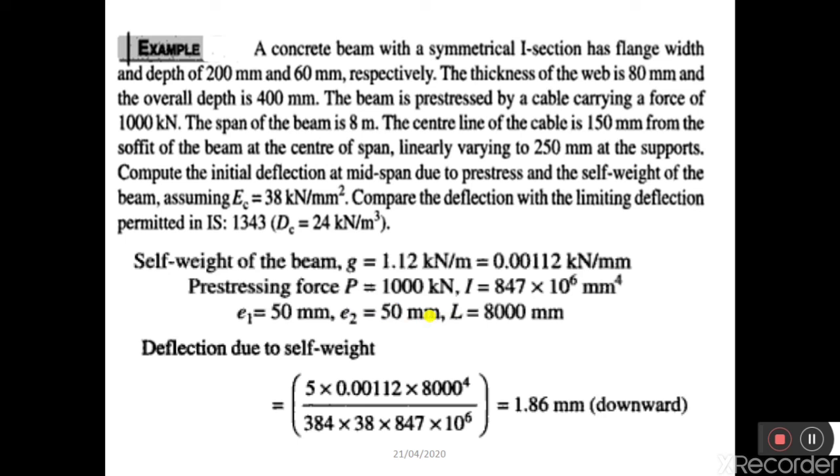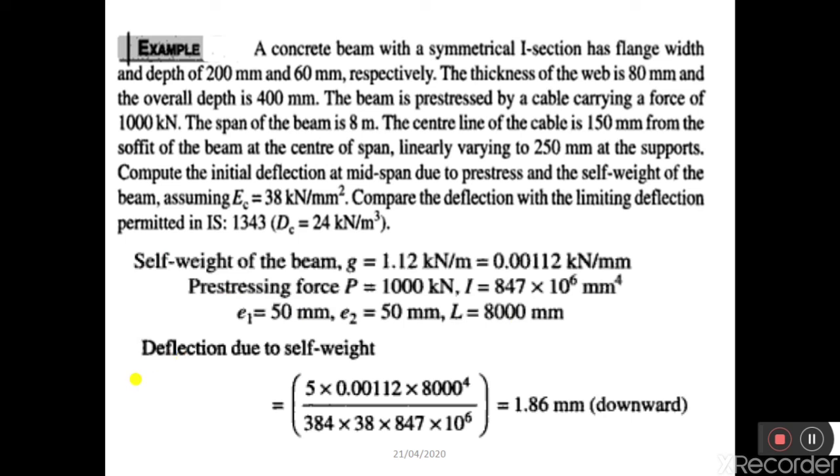So the centroidal axis is lying at a distance of 200 mm. So if the cable is at a distance of 250 mm from the soffit, the cable is having an eccentricity of 50 mm above the centroidal axis and the span is 8000 millimeter. So substituting these values in the formula to calculate the deflection due to self weight.